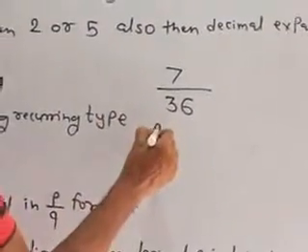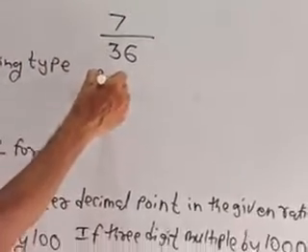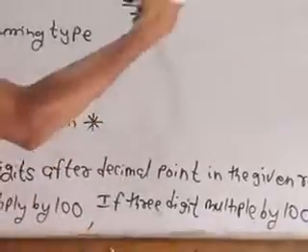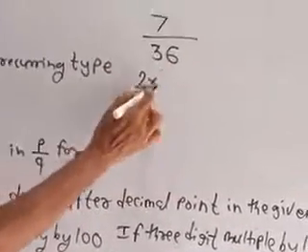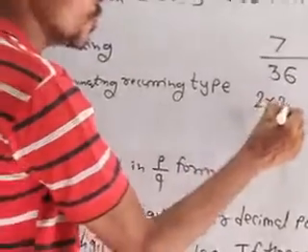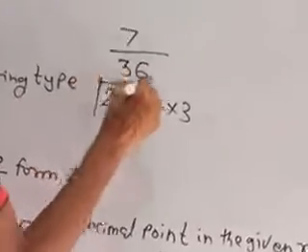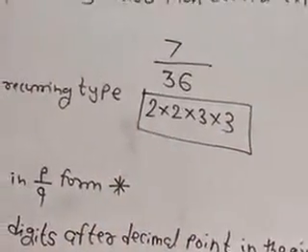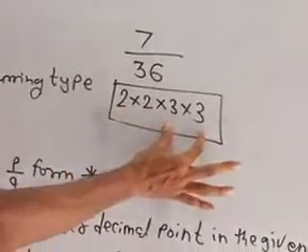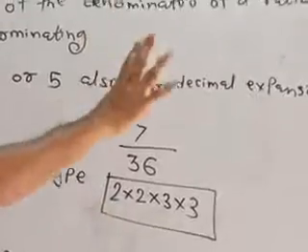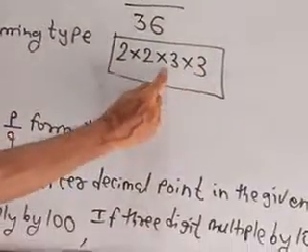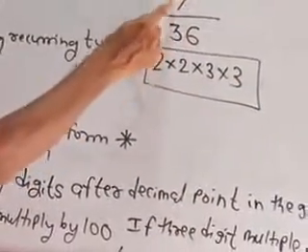The prime factors of 36: 36 divided by 2 is 18, 18 divided by 2 is 9, then 3 into 3. These are the factors of 36. It contains 2 times 2 and 3 times 3, so not all factors are 2 or 5. Some factors are 3 also. Then when we divide 7 by 36, we get the non-terminating recurring type.